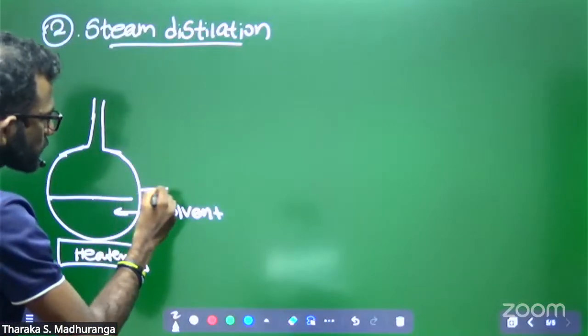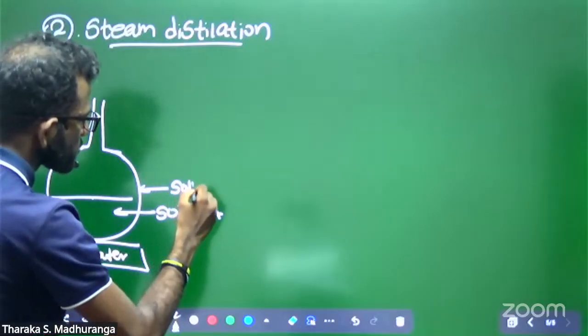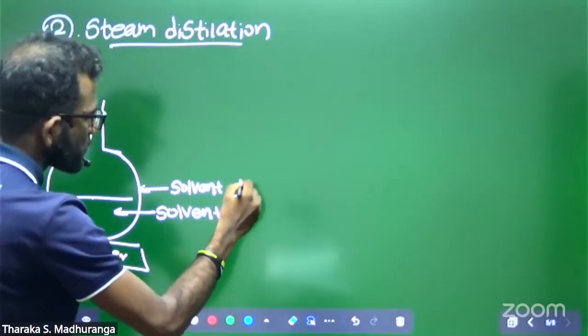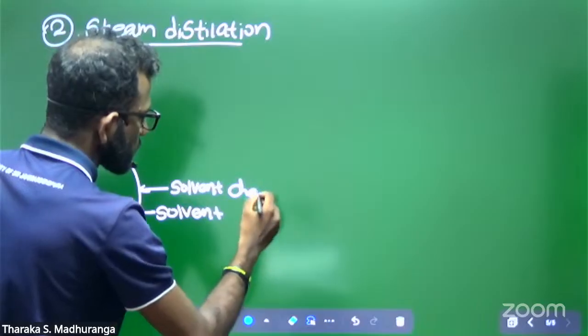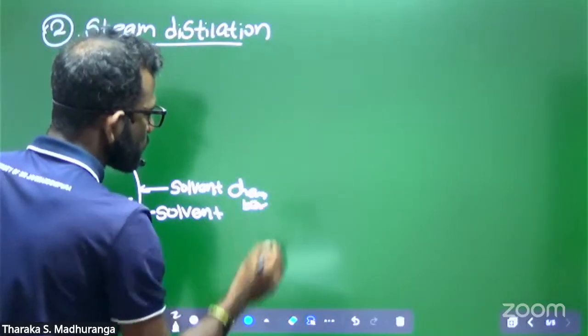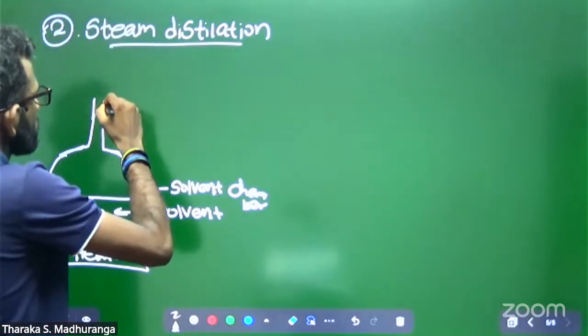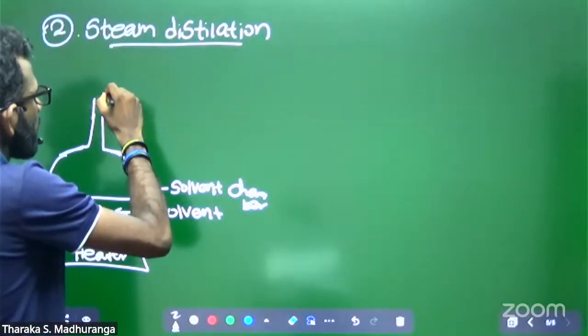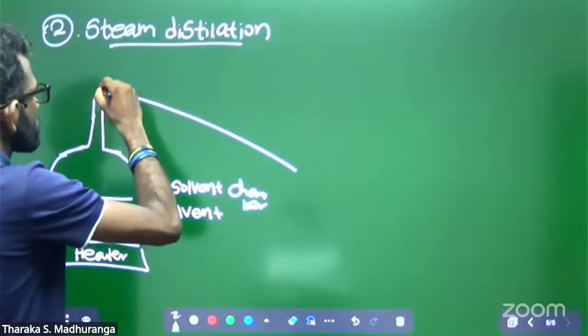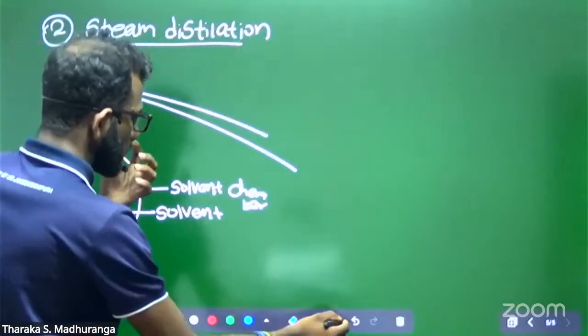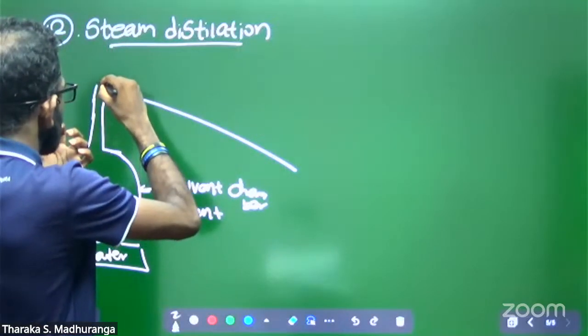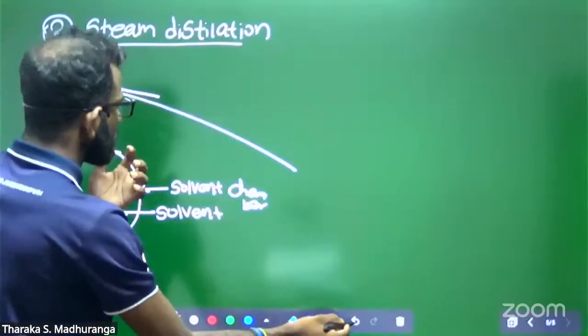This is the solvent chamber. Then this is a vapor carrying line, the vapor transferring line.